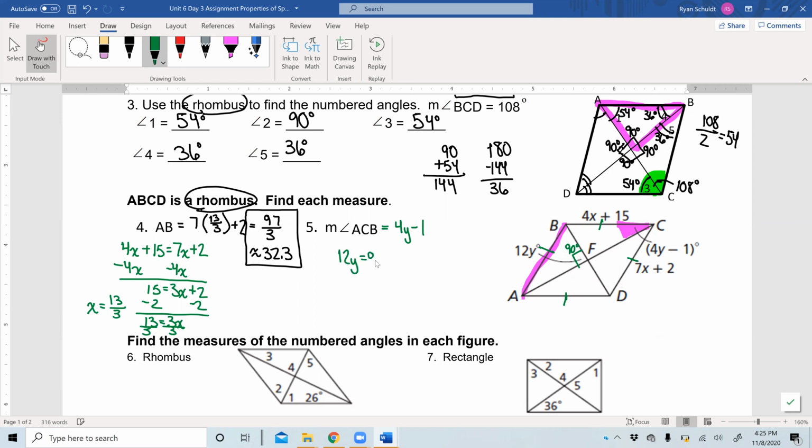So just solve that for y. Divide by 12. We're going to get y equals 7.5. So then just come back up here and plug in 4 times 7.5 minus 1. And that would get us 29 degrees.